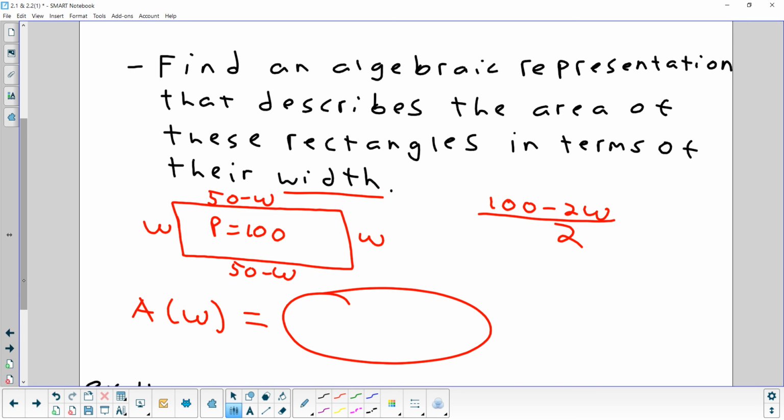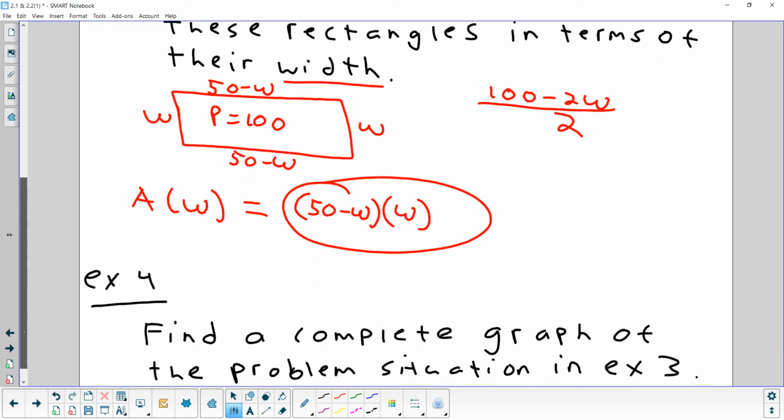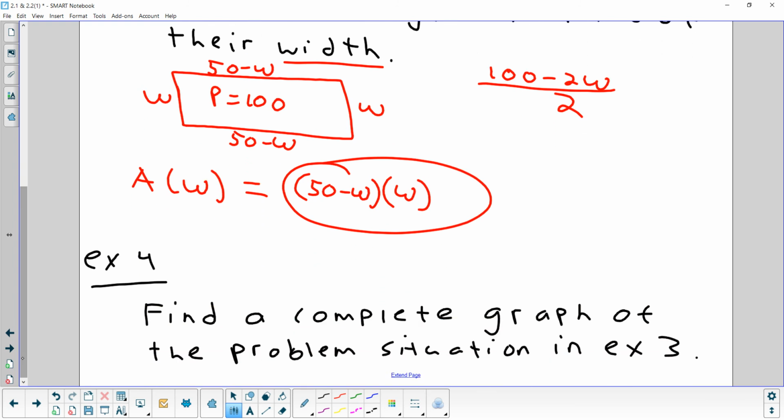So what's our formula for area of a rectangle? I mean, not the 2, just length times width. What's my length here? W stands for width. That's my width. So what's my length? 50 minus W. 50 minus W, and my width is W. There you go. There's a formula for the area as a function of the width.